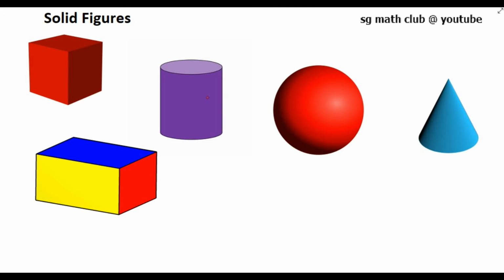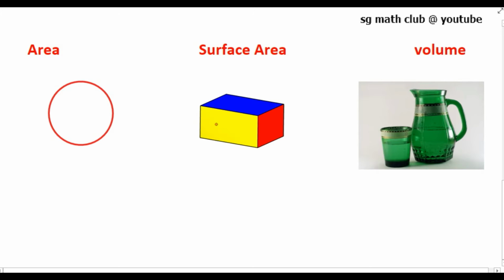solid figures. What is the difference between area and surface area? Area is usually for two-dimensional objects like rectangle, triangle, circle. And surface area is for three-dimensional objects. Area is the region enclosed within the boundary of that plane figure, and the unit of area will be centimeter square, meter square, etc. Surface area means the total area of all the faces of that solid figure.